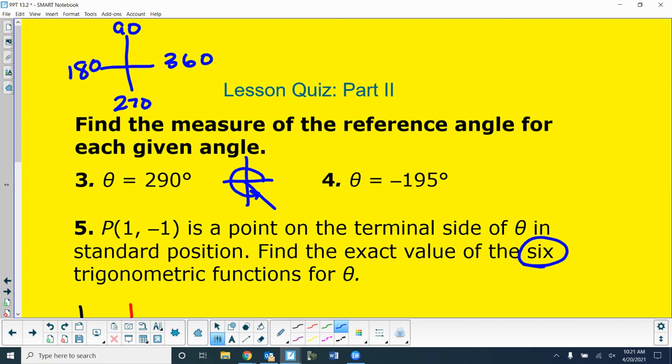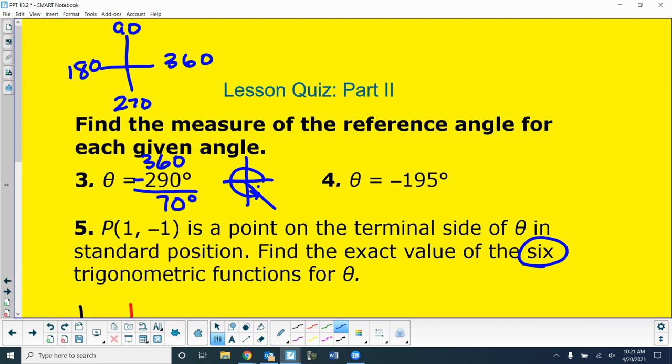The reference angle is always between the hypotenuse, or that terminal side, where I put that dot, and the x-axis. So since you're in the 4th quadrant, 360 minus 290, which is 70, is the reference angle. A reference angle is always acute, meaning less than 90, and always positive, no matter what degree measure you're going, positive or negative. Remember that from yesterday? Did we have any issues with reference angles?